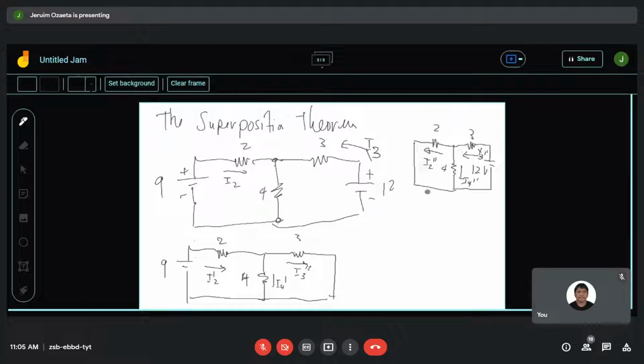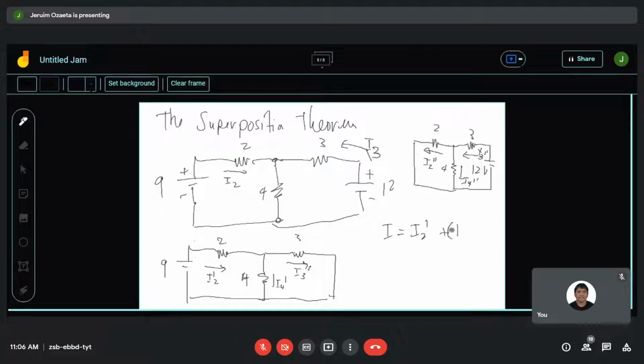Solving all these currents, you can say that I sub 2 equals I sub 2 prime plus, this time, if you take a look at the direction of the current, that's physically opposite to the direction of the I sub 2. So we consider this to be in the opposite direction.